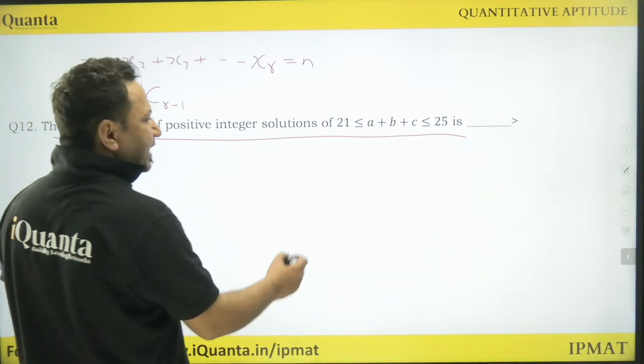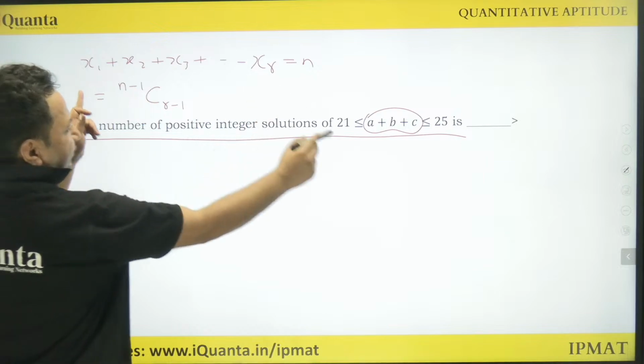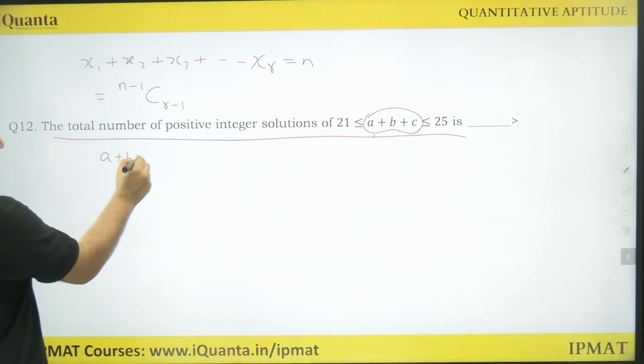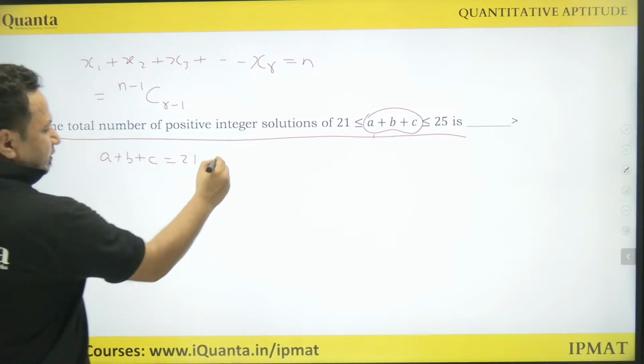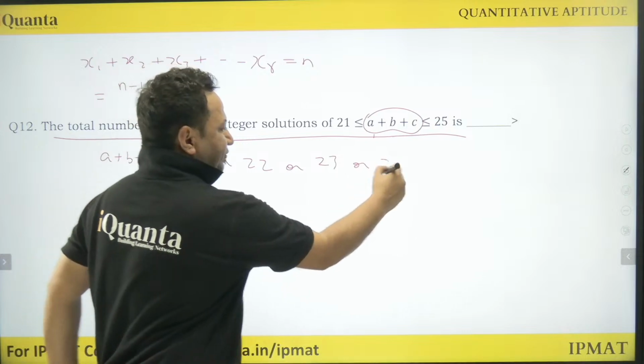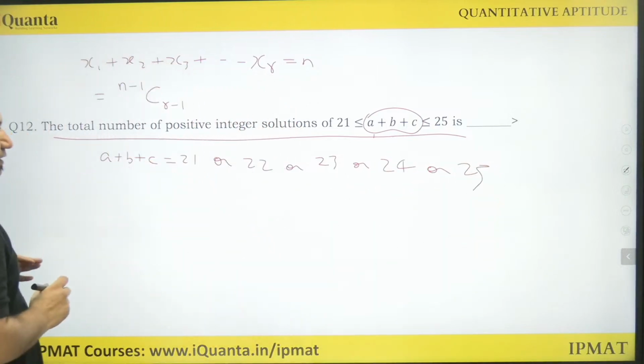So here we have how many elements? R, we have 3: 1, 2, 3 elements. That means if a plus b plus c is 21 or 22 or 23 or 24 or 25, we have these 5 different possibilities.